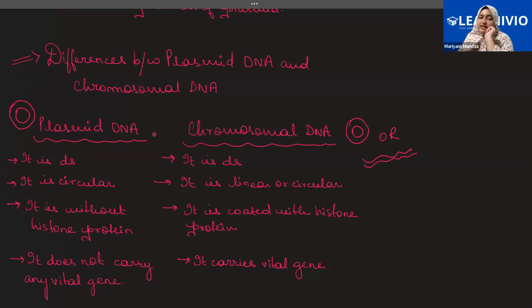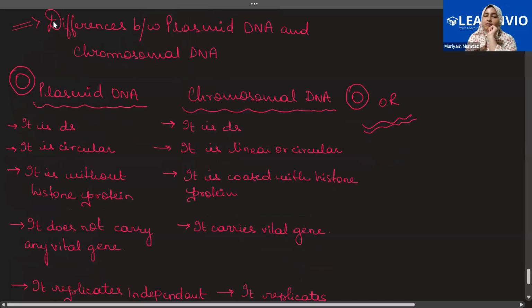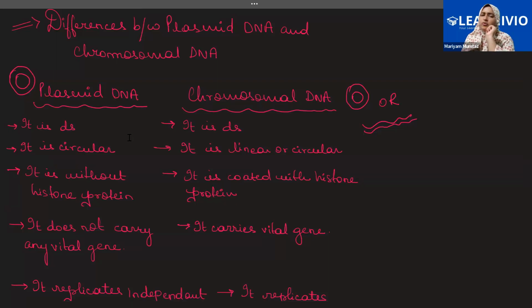The plasmid DNA is present without histone proteins. Histone proteins are absent in it, and the chromosomal DNA has histone proteins present. Histone proteins are important for wrapping of DNA. And plasmid DNA, like I told you, is non-essential, meaning it does not carry any important gene. It only replicates, it only divides.